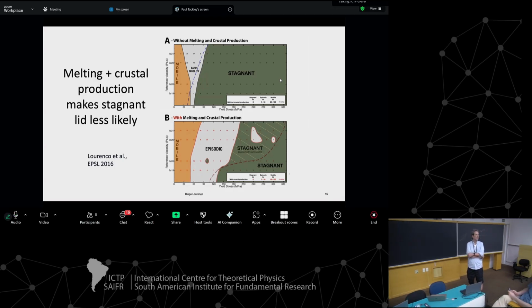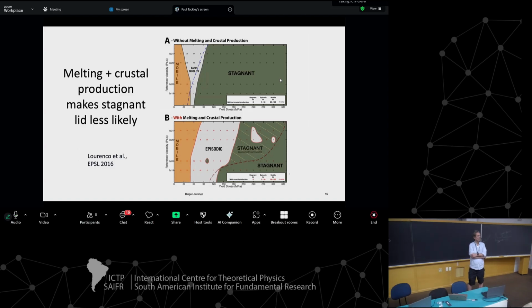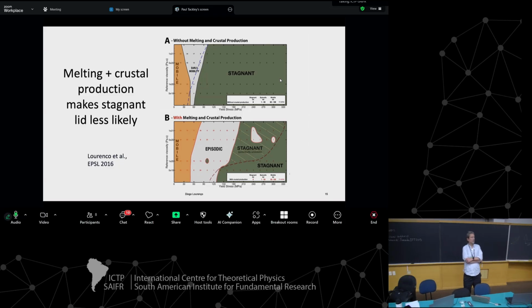All right. And a second question: post-perovskite, as you showed, is very layered, so it's probably also viscously anisotropic. Yes. So what would that do? I'm not sure. It depends whether the crystals are aligned or whether they're random with respect to each other. I'm not the expert. Maybe Philippe knows.